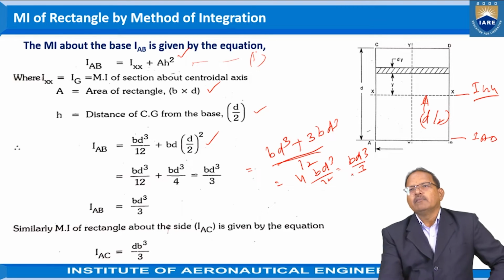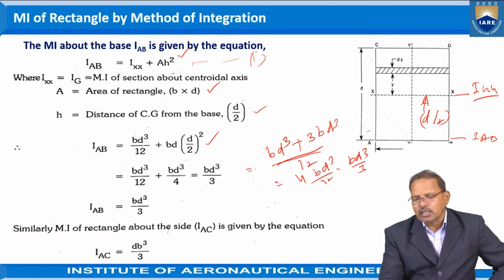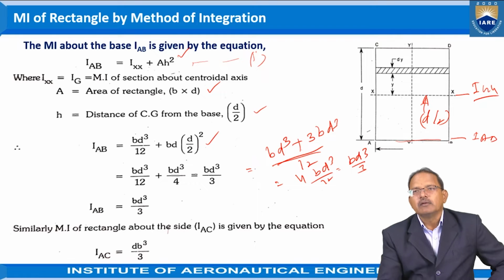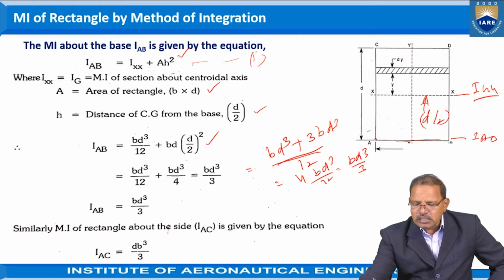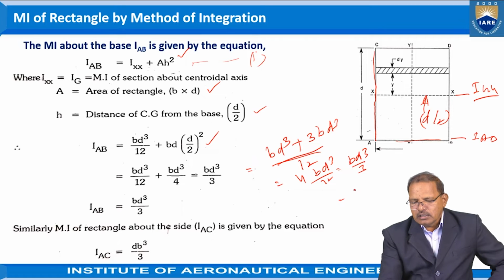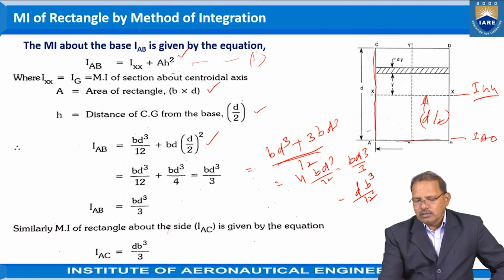That is, the moment of inertia of the entire rectangle about its base AB is given by BD cube by 3. Similarly, the moment of inertia of that entire area about the vertical line AC is given by DB cube divided by 3.